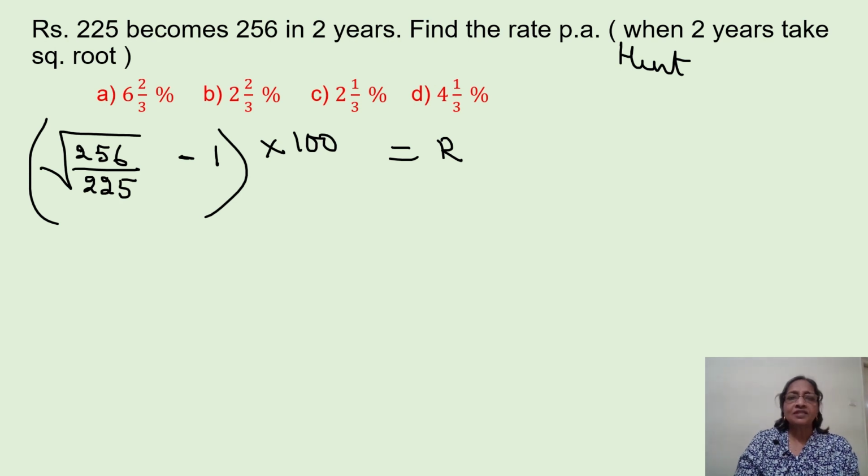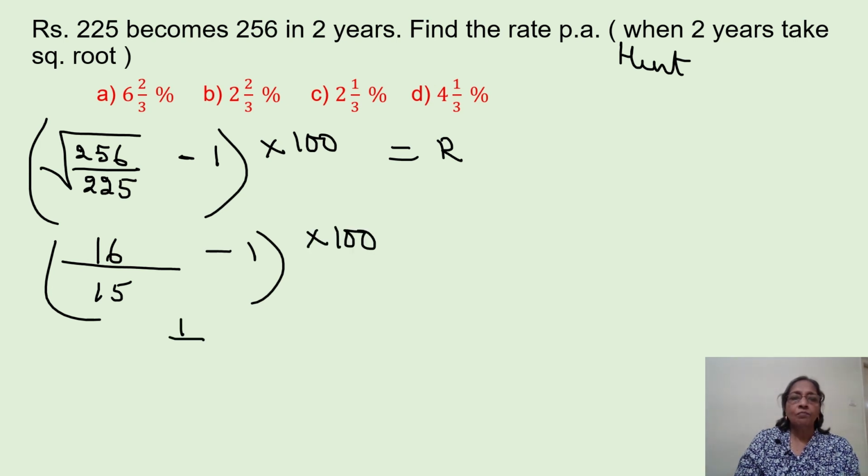So square root of 225 is 15, 256 is 16, minus 1 into 100. So this will be 1 upon 15 into 100 is your rate percent. 5 threes are 15.